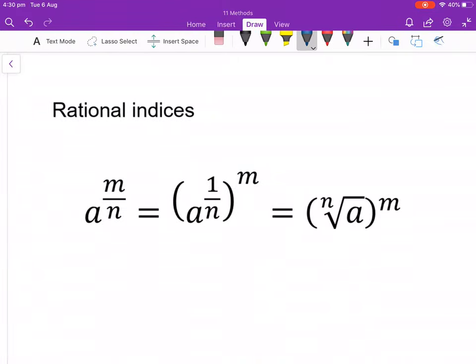So if we have a to the nth root, we can go one step further and say that if we incorporate the third index law, raising a to the nth root to the power of m, then changes our index to this rational number m over n. So a to the power of m over n.